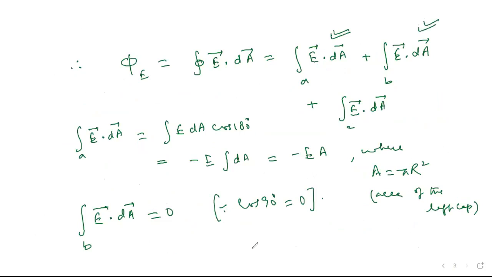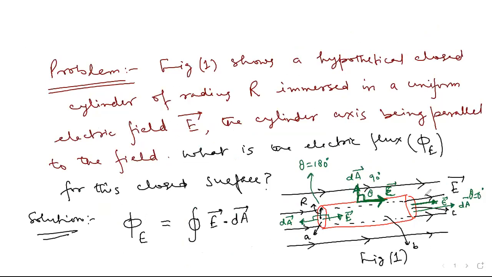What about the third one? That is integral C of E dot dA. As you can see, for this one, it is plus EA. Why plus EA? For all portions of the right hand cap, E and dA are parallel, theta is 0.